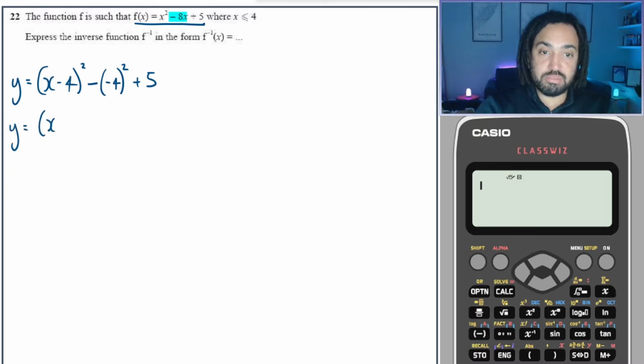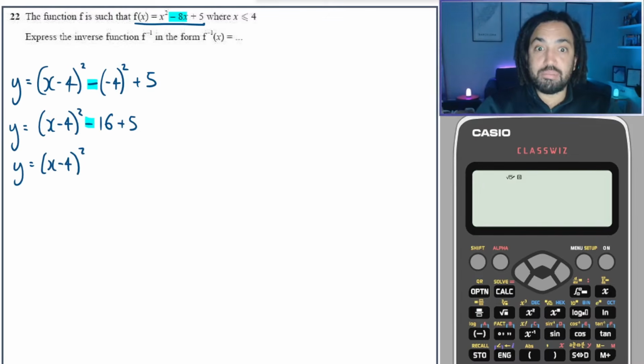This gives me x minus 4 all squared, and we're taking away 16, because minus 4 all squared is 16, and it's always a takeaway sign here. And then we're plussing on 5 as well. So we get y equals x minus 4 all squared minus 11.